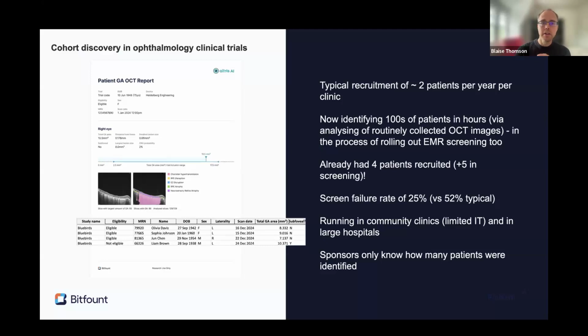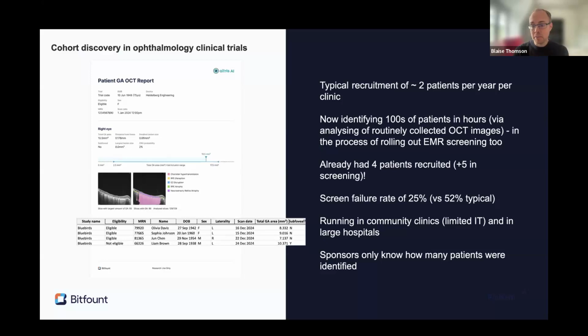Typical in retina studies is about 52% screen failures. What we've been seeing in our patients is about 25%. So it's significantly reducing costs for these trials, and we think in time we'll also be accelerating the recruitment, although the numbers are quite small at the moment.